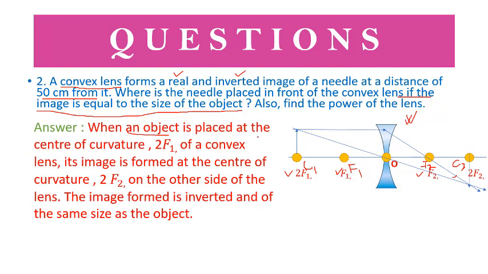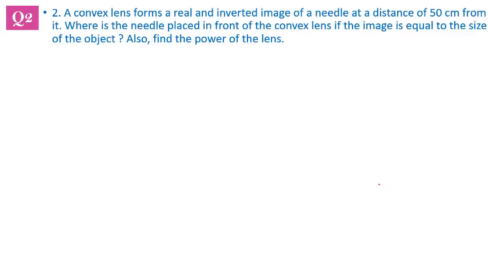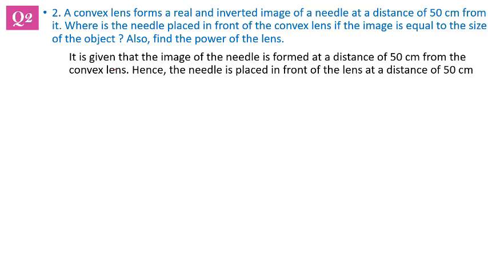When an object is placed at the center of curvature 2f1 of the convex lens, its image is formed at the center of curvature 2f2 on the other side of the lens. The image formed is inverted and of the same size as the object. You can see here. Now let us solve. It is given that the image of the needle is formed at a distance of 50 cm from the convex lens. Hence, the needle is placed in front of the lens at a distance of 50 cm.